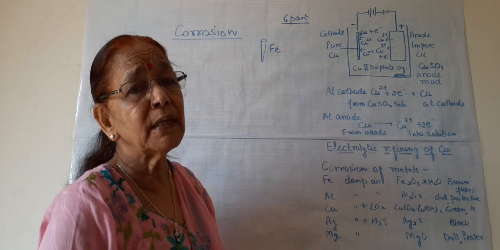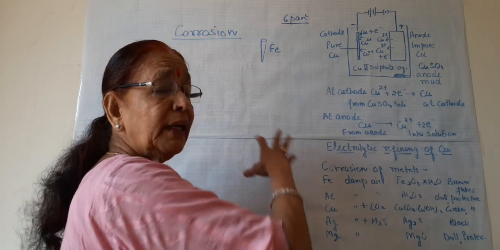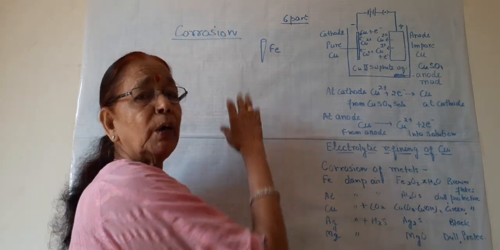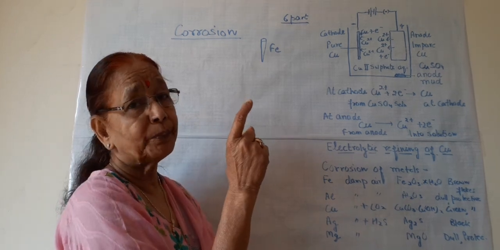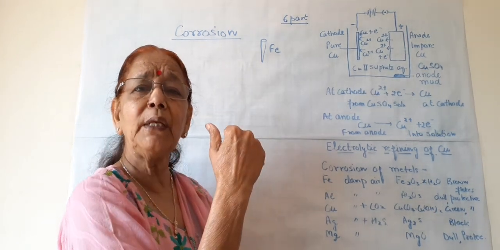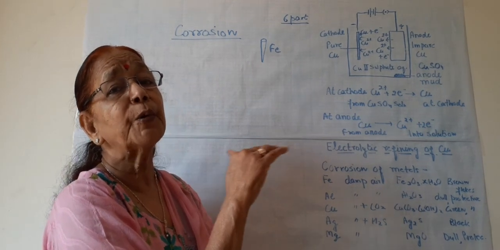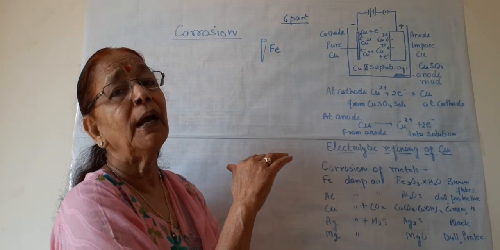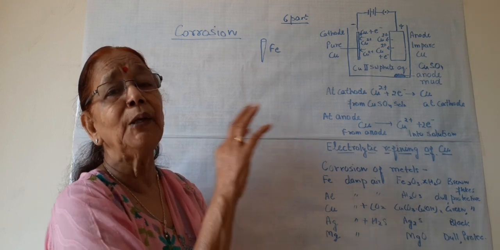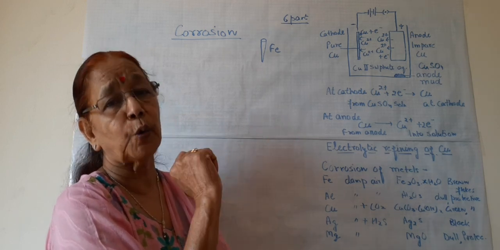But sometimes in some of the metals it helps also. How? As on aluminium. With the action of air, aluminium oxide Al2O3 is formed, which forms a protective layer on aluminium, and further the aluminium does not corrode.